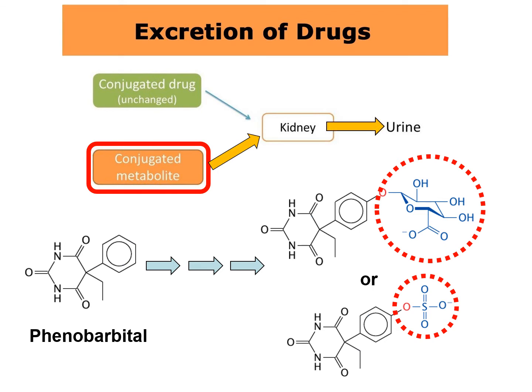So that's the whole point of learning this next mechanism, is understanding that this is how we get rid of literally thousands and thousands of compounds without having to have thousands and thousands of transporters. We just simply have enzymes that will identify and tack on these functional groups that then flag them for removal from the body.